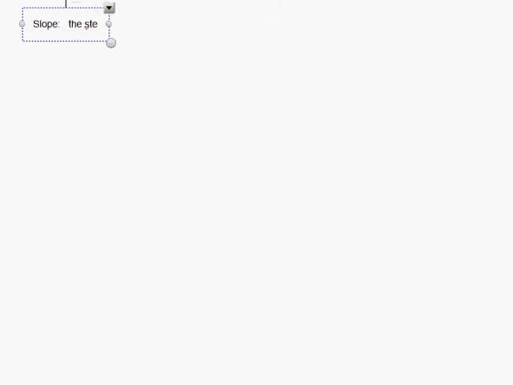The steepness of a line is called the slope.